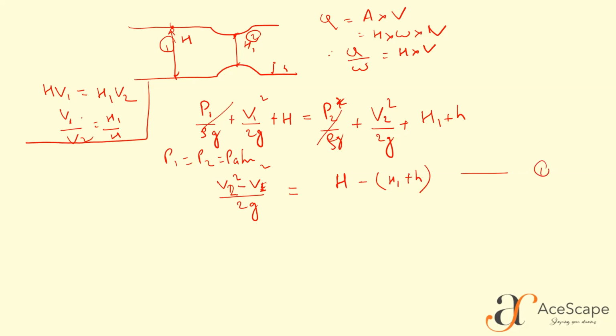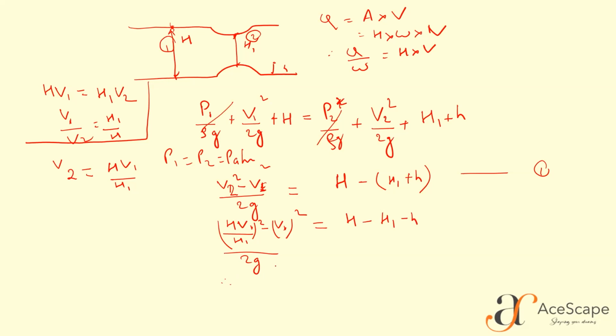And from this equation, we can substitute either velocity in terms of the other. So let us put that. We can say that V2 is nothing but HV1 upon H1, right? So let us put that: (HV1 upon H1) minus V1, the whole square, upon V1 square, divided by 2g, that is equal to h minus h1 minus h.